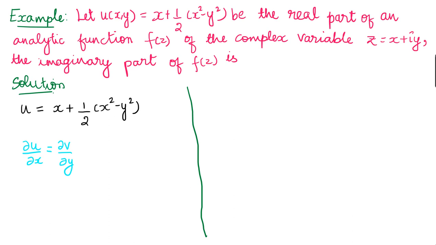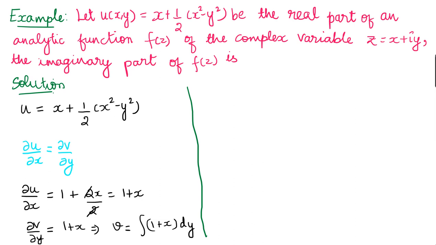I consider the first equation, ∂u/∂x = ∂v/∂y, and I find ∂u/∂x, which is 1 + x. When I integrate it with respect to y, I get v = y + xy + c, where c is the integration constant.